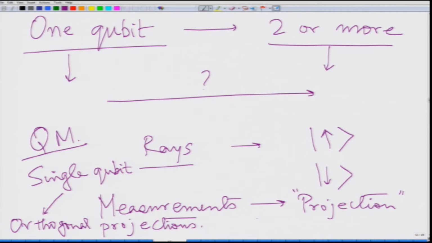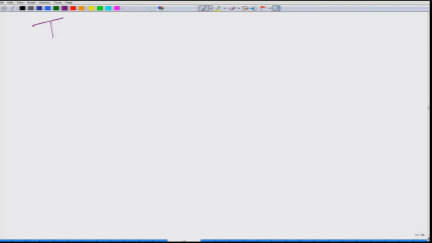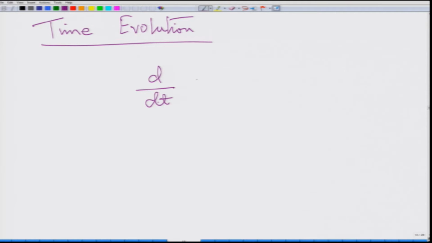We also looked at another issue, which was time evolution, and for time evolution we used the simplest possible Schrodinger equation in this form. Just to remind you, this was given by d/dt of the wave function psi, which is time dependent, so psi(t), which will give rise to your minus h.